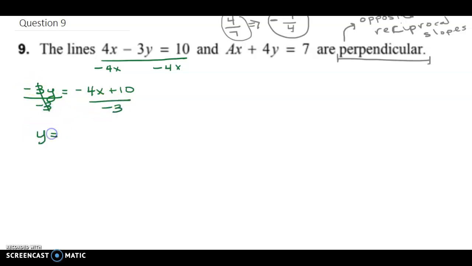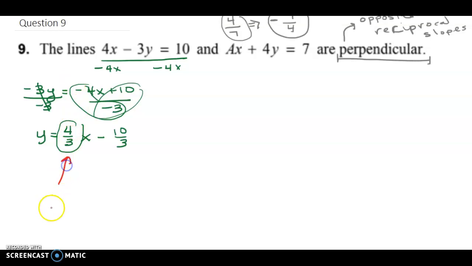I'm left with y equals negative 4 over negative 3, which is just a positive 4/3 x minus 10/3. Okay, so the slope here is 4/3. So to be perpendicular to this, my opposite reciprocal of this has to be negative 3/4. Okay, so I want the slope of this to be negative 3/4.